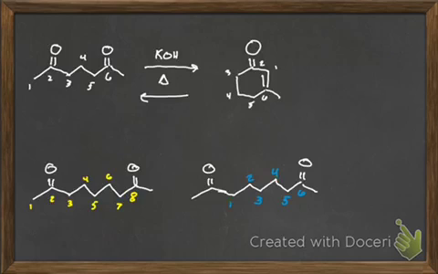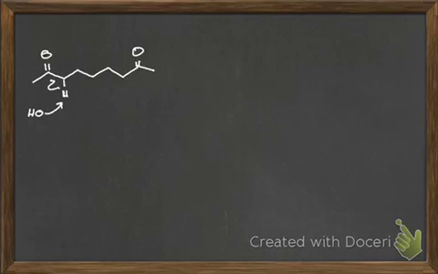Because if we flip the page, and we've got this, we remove the proton, we form our enolate. What we get is here. I know I'm running out of time. I get excited.